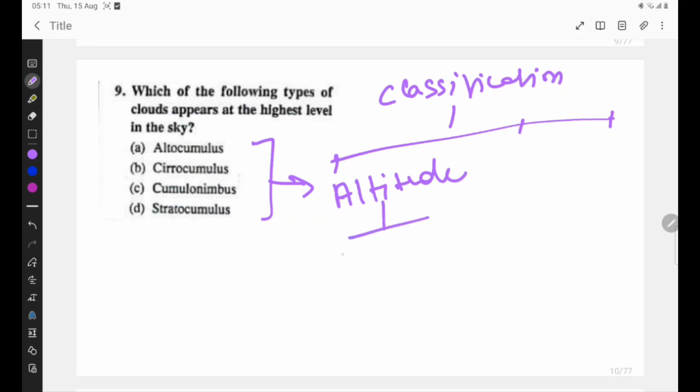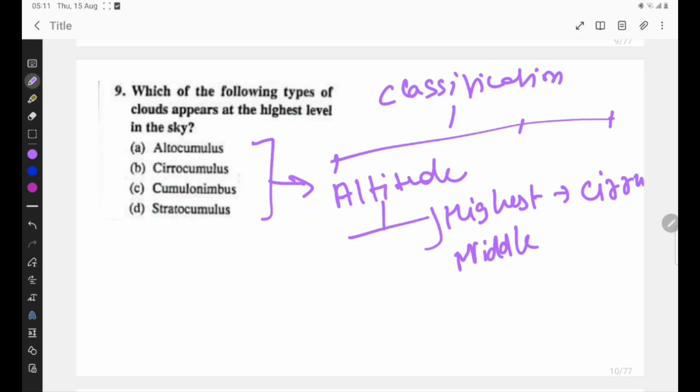So three types of clouds are present. At the highest altitude are the cirrus clouds, and then further at middle levels or levels below. These highest clouds are approximately 5 to 18 kilometers above the ground.